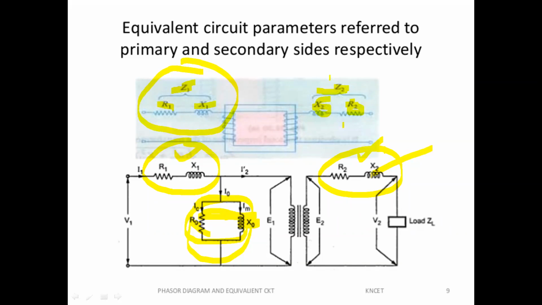These impedances or resistance drops are affected by the load component, but the shunt branch is independent of load. At no load this component also exists. These are the equivalent circuit parameters referred to the primary side and secondary side respectively.